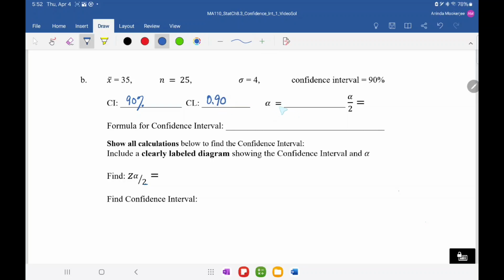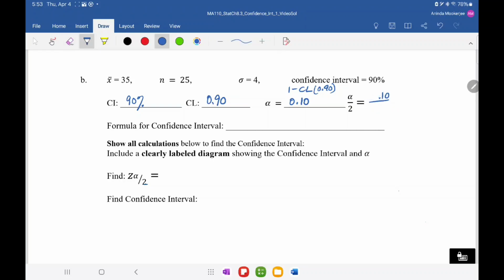And then alpha is the unbounded area outside of the confidence level, right? So alpha is 1 minus CL. So that's 1 minus 0.90, which is 0.10. And alpha by 2, just divide alpha by 2. In this case, 0.10 divided by 2.